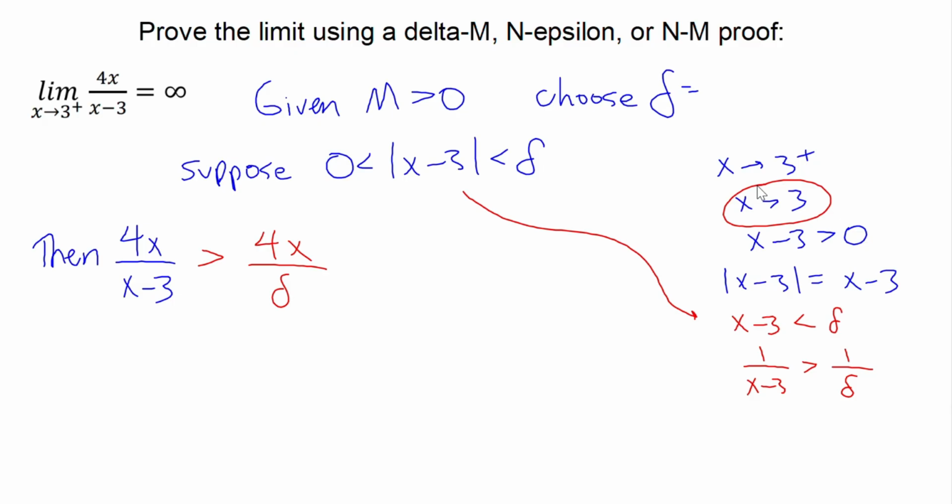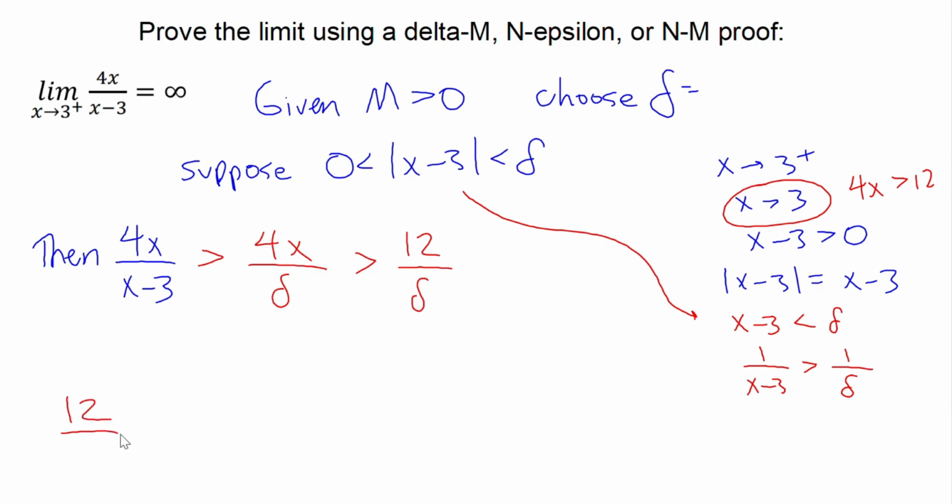Well, if x is greater than 3, then 4x must be greater than 12. Right? And if 4x is greater than 12, then 4x over delta must be greater than 12 over delta. And so now we have this all in terms of constants and delta, so we can just replace it with m.